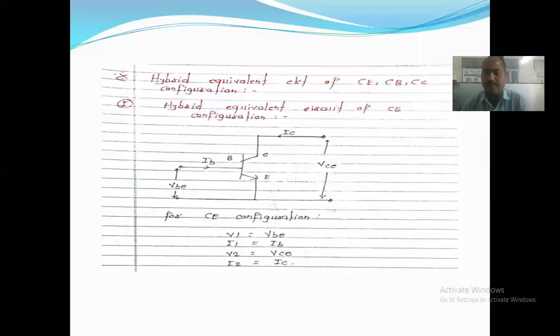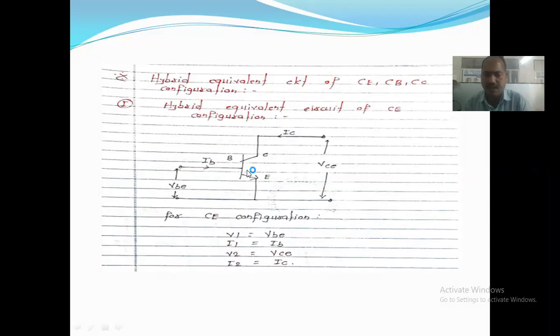Why and how I am telling you. See, only one thing is changed here. We know the input voltage, output voltage, input current, and output current. Only those we require for this diagram. All other things, the equations with respect to H parameters, are the same. We have applied the input voltage as VB. When we apply the VB voltage, the current flowing through the base terminal is called the IB current.